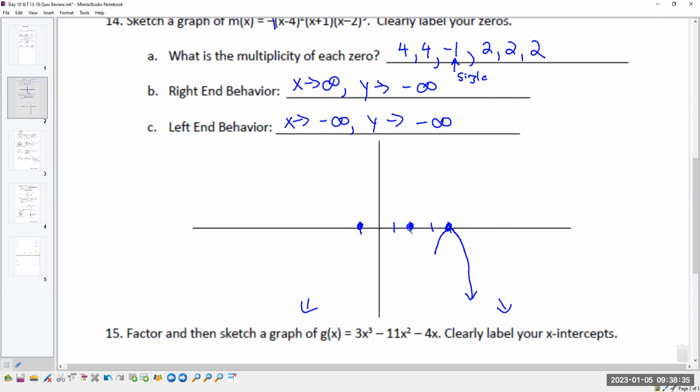But over here at 2, this is going to be a little tricky. I have a change in concavity here. Right here, I have to show a change in concavity. It has to come down. So I think the easiest way to do this is to make this kind of concave up and connect, like it's an up parabola and then a down parabola on this side.